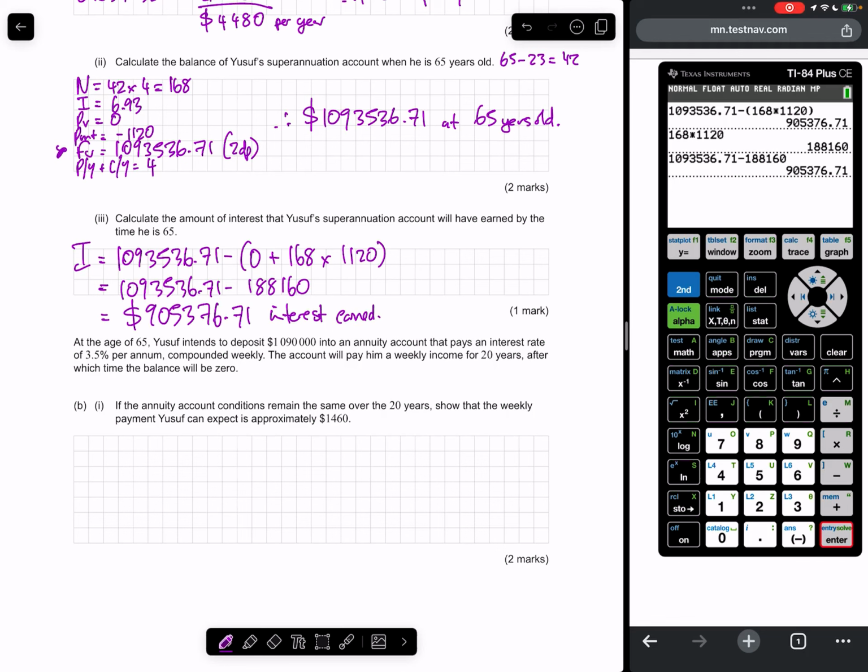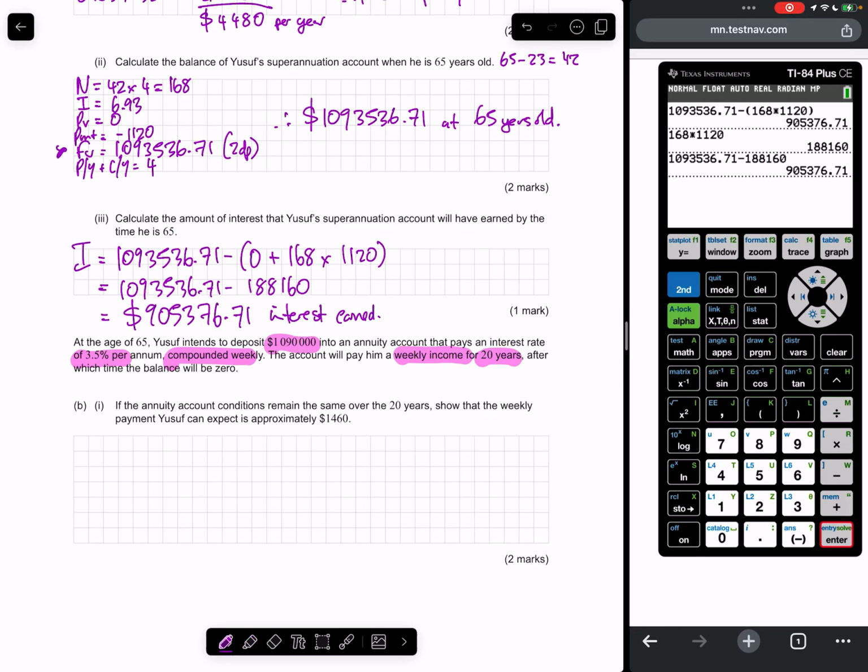At the age of 65, Yusuf intends to deposit $1,090,000 into an annuity account that pays an interest rate of 3.5%, compounding weekly. The account will pay him a weekly income for 20 years. He wants to use up all his money after 20 years.